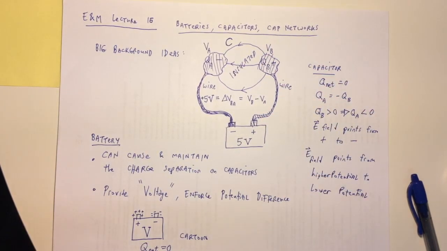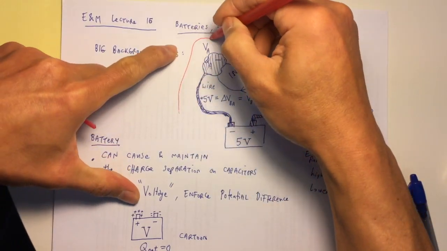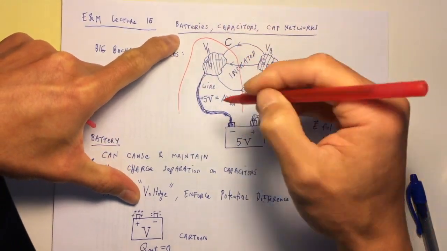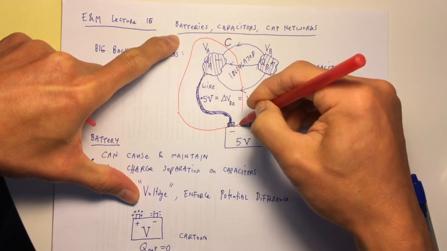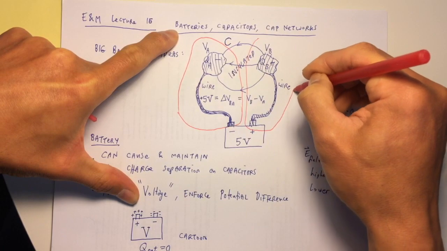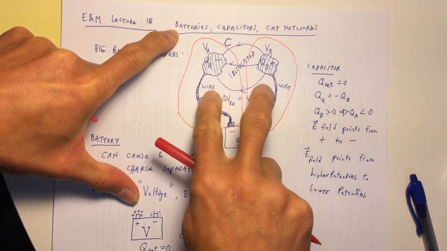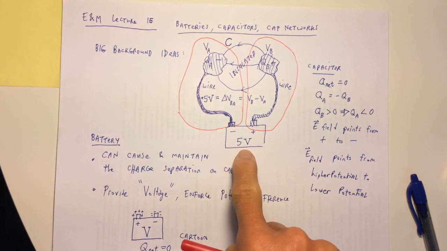And I hope you can see that with this red line, I have two separate conductors being maintained at a potential difference.